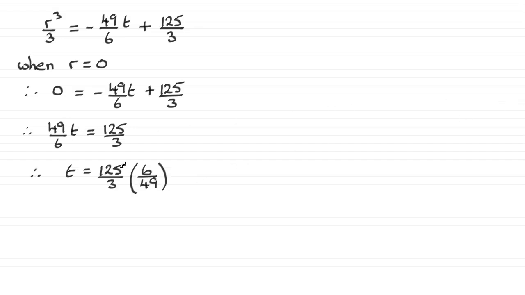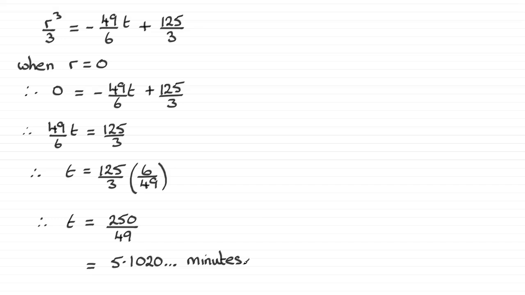T will equal 125 thirds then multiplied by 6/49. If you work that out on your calculator, you'll end up with t equaling 250 over 49, or as a decimal 5.1020, and so on. And remember, that's given in minutes.